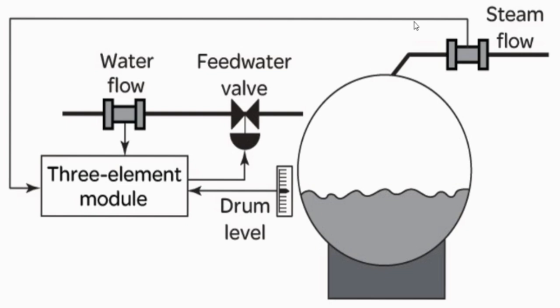And the output steam flow is also measured and transmitted to the controller, and it will act as a feed forward loop, while drum level and water flow will act as a cascade control structure. Okay, let's discuss briefly in a deeper manner.